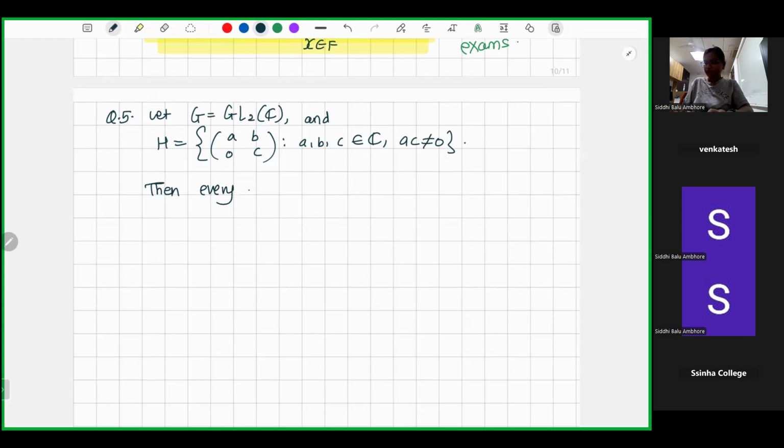Then every element of G is conjugate to some element of H.